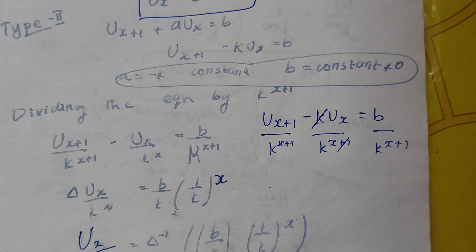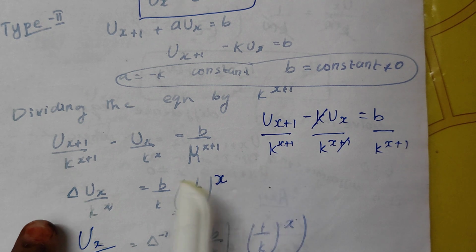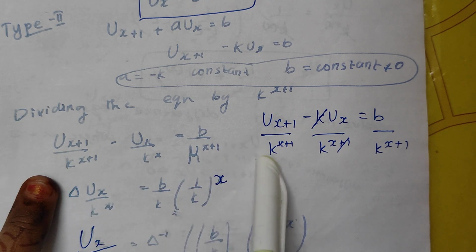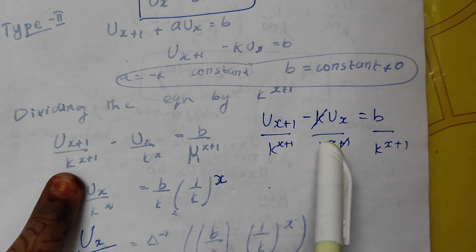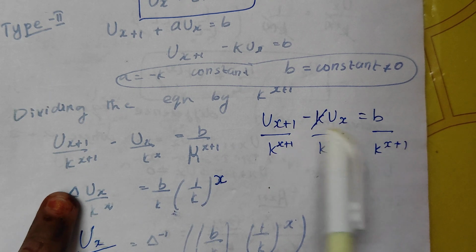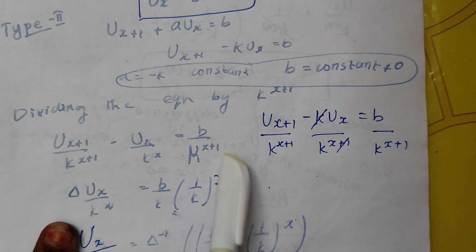So you'll get the remaining as u(x+1) divided by k power x plus 1 minus u(x) divided by k power x is equal to b divided by k power x plus 1.